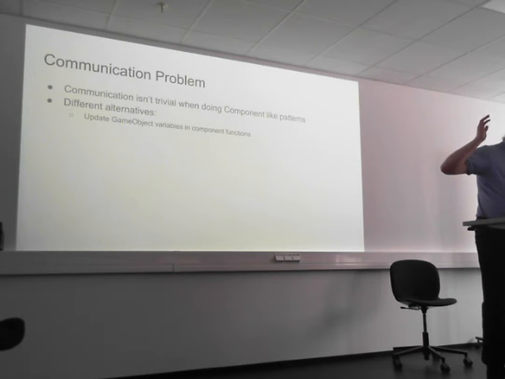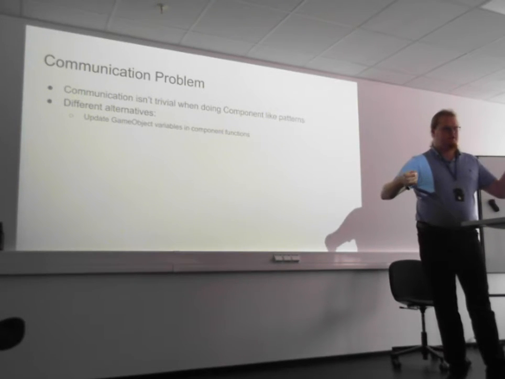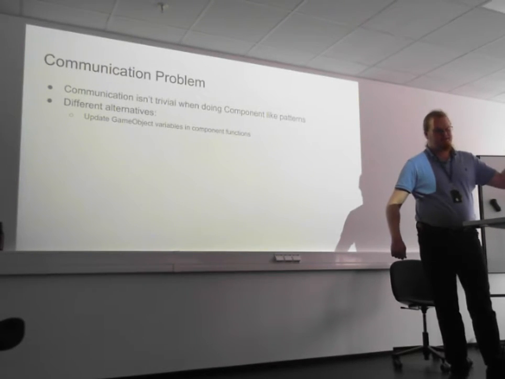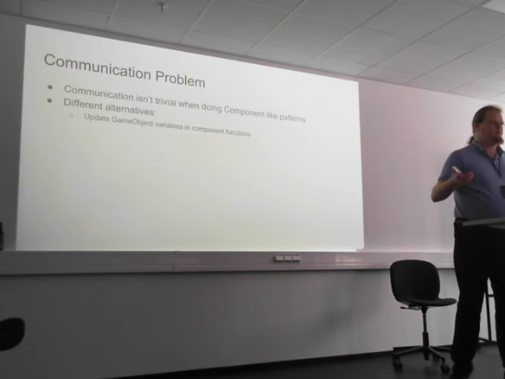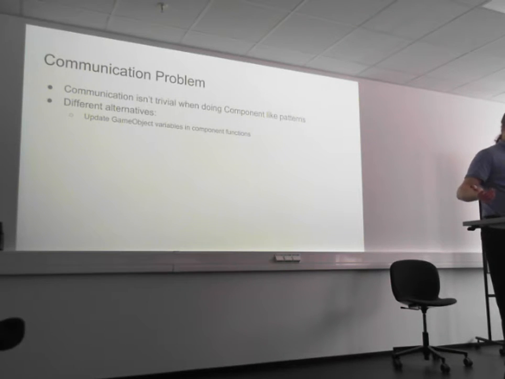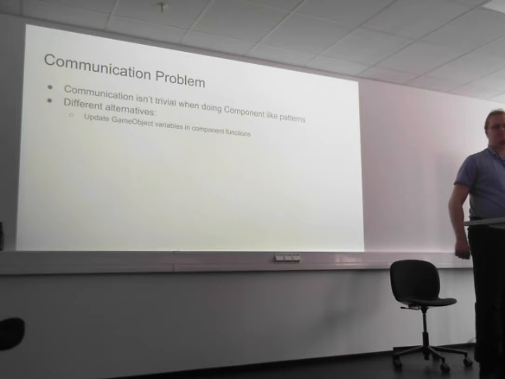The question is how to handle dependencies between the components. In this case, we had many components that needed to update the position of the game object. I solved that by giving a link to a game object in the update function of the component, so that they could always get access to the game object.